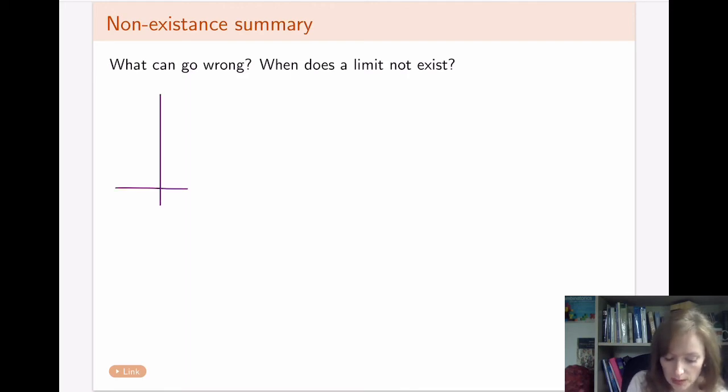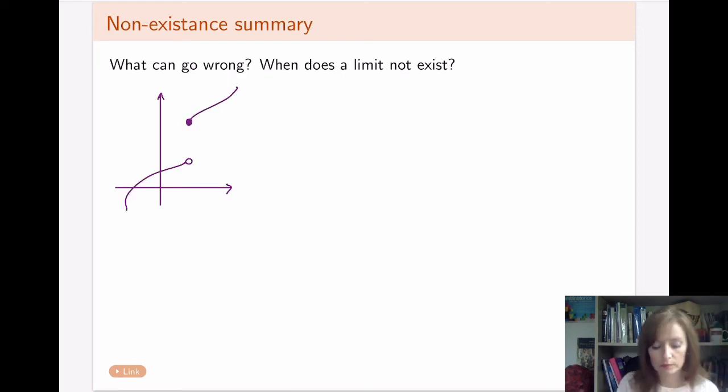So let's say I have a function here. Again, I'm not going to talk about a particular function, I just want a representation. So there, the left-hand side limit is not equal to the right-hand side limit. Okay, so the limit from the left is not equal to the limit from the right, which means that the limit at that point does not exist.